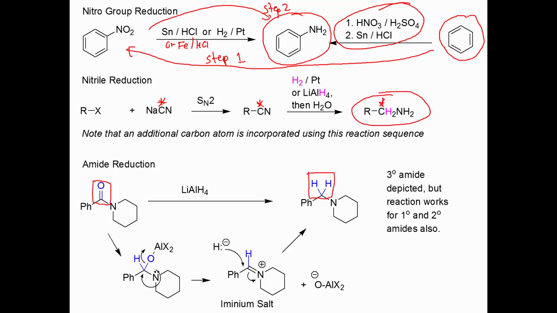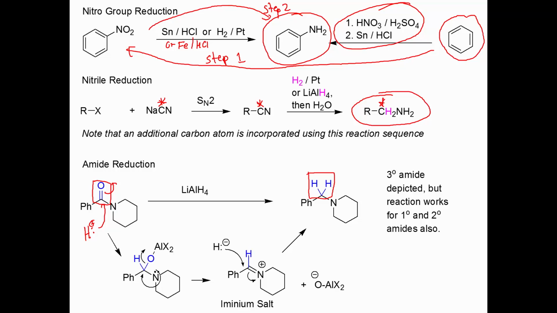What's depicted here is a tertiary amide, but all amides do this. So the only thing that happens when you reduce an amide is you get rid of the C double bond O and replace it with a CH2. This is the only reaction where we can't take this liberty and just call lithium aluminum hydride a source of H-. In the first step here, we're going to get hydrogen adding to the carbonyl group.